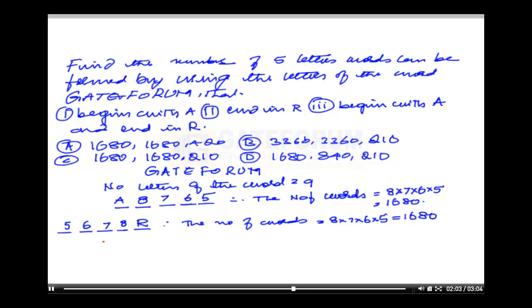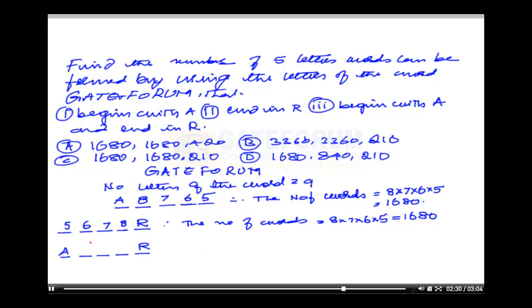The last one, we have to find again 5-letter words which should begin with A and end in R. I fill these 2 spaces with A and R, so that in between we can fill with the remaining letters. Out of 9, 2 letters have been filled, so still 7 are there.